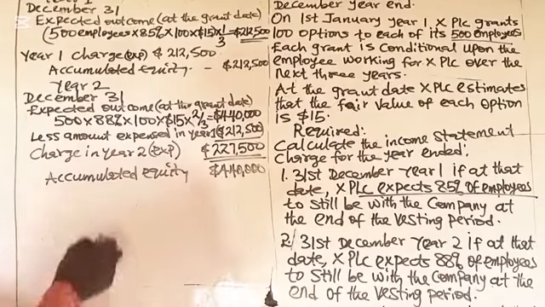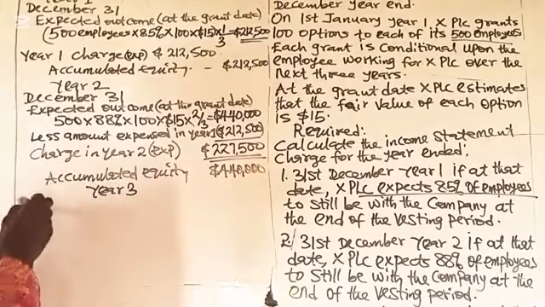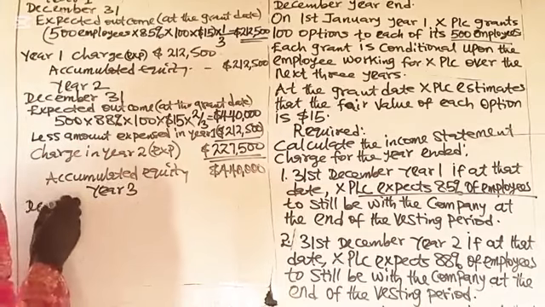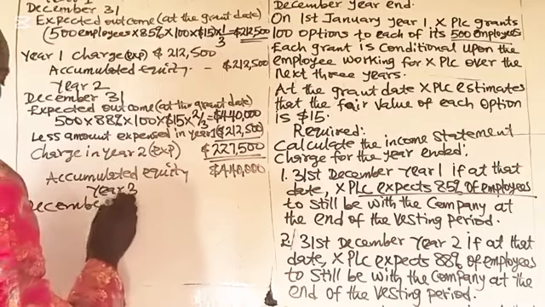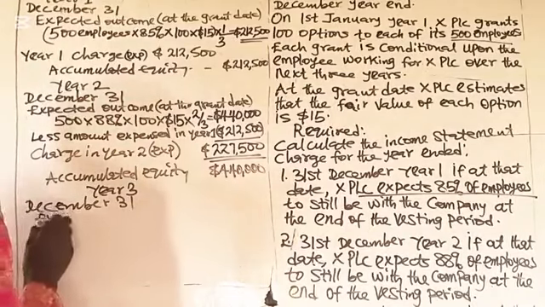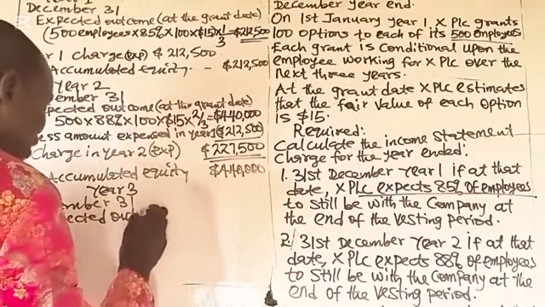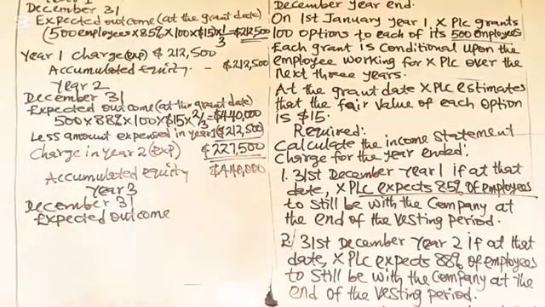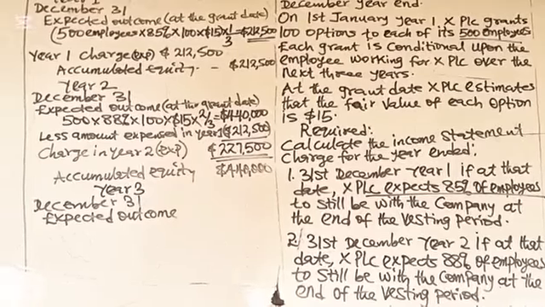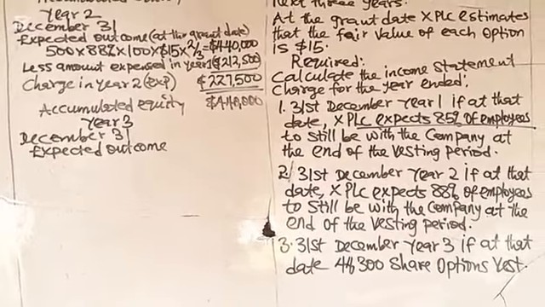Then the third year, we have year 3. So December 31st, year 3. The expected outcome at the end of year 3. So you were given the vesting condition.